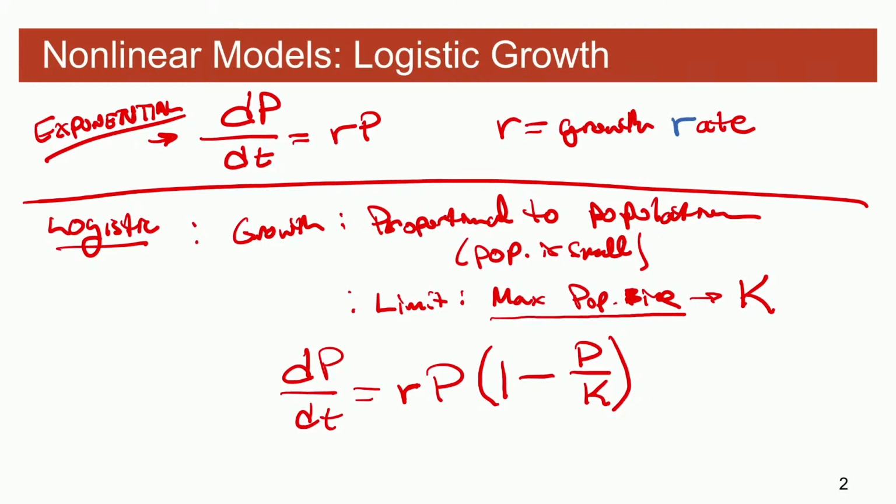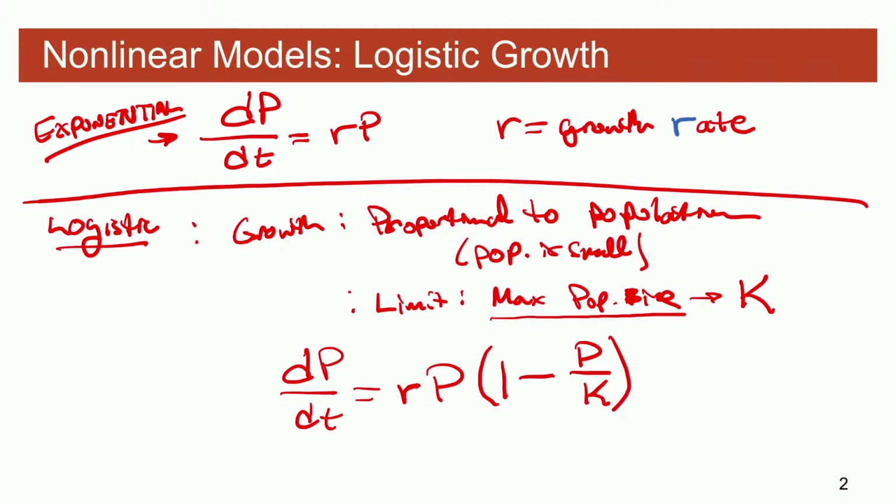Suppose we are living in 1900 when there were 500 million people on the earth. Well, 500 million is very small compared to 10 billion, and so this number will be very small. This whole term, 1 minus a small number, is pretty close to 1, and so that really doesn't play into the growth of the population. The population growth will be pretty close to exponential.